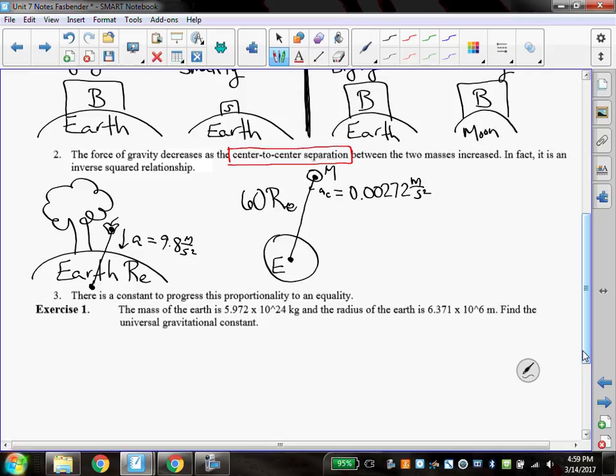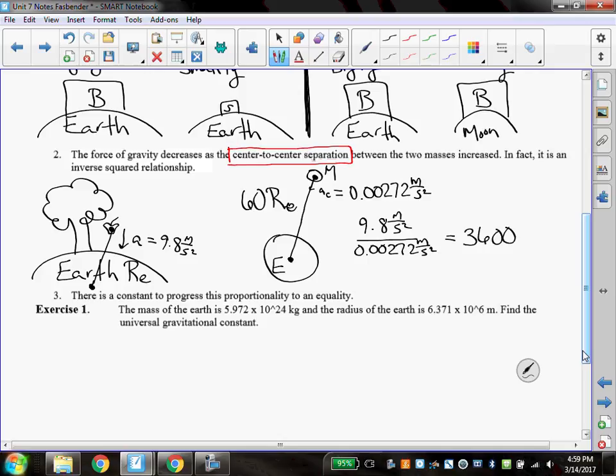But Newton recognized that it was actually an inverse squared relationship because if you take that 9.8 meters per second squared of acceleration on the surface of the Earth and you divide it by 0.00272 meters per second squared, which is the acceleration of the moon, you're going to find that that is equal to 3,600.